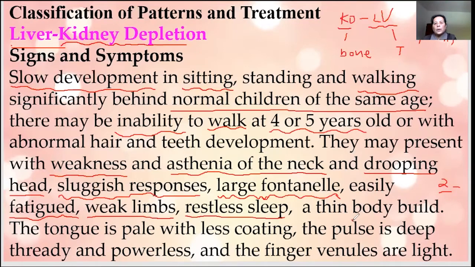The body is smaller, thin and slight. The tongue is the deficient kind of tongue, pale tongue. The pulse is the deficient kind of pulse. The finger vein is a lighter color, which means deficiency.